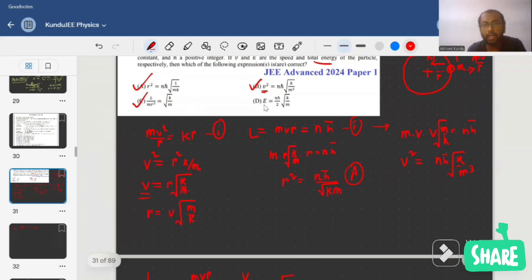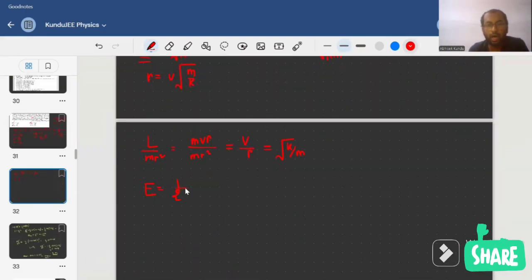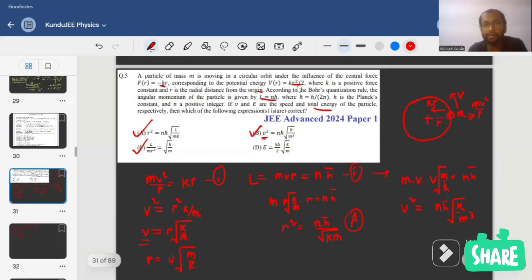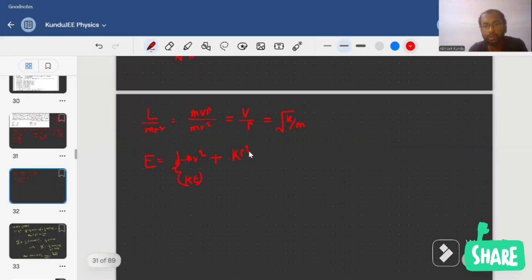Now the energy. What is the total energy? It is equal to half of m v square, that is the kinetic energy, and another energy that is given is the potential energy, with value k r square by 2. We'll just put that. So the total energy becomes the summation of kinetic energy and potential energy.